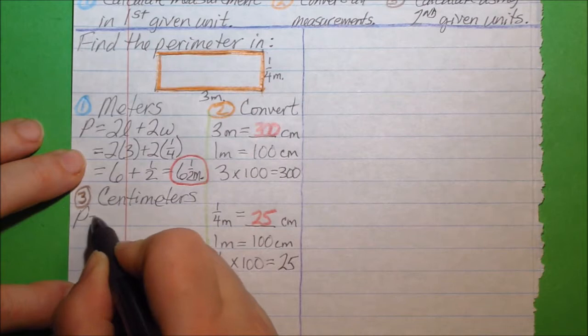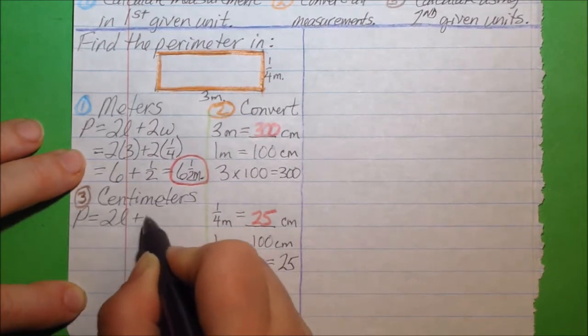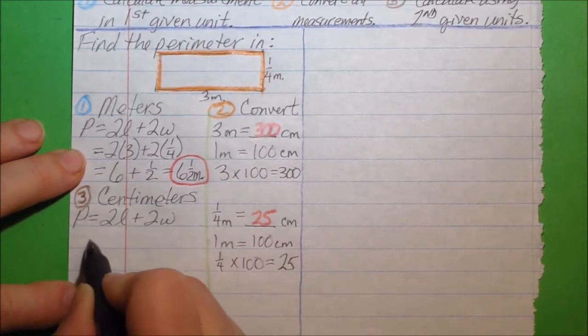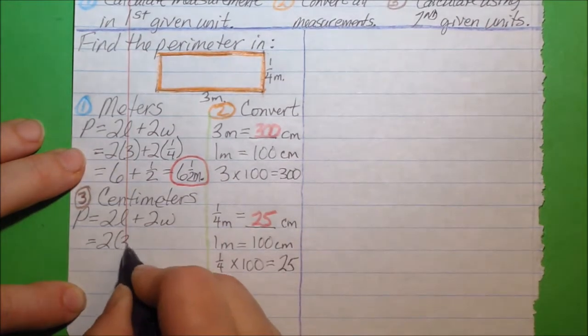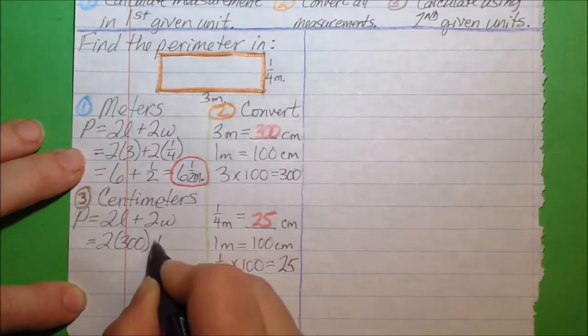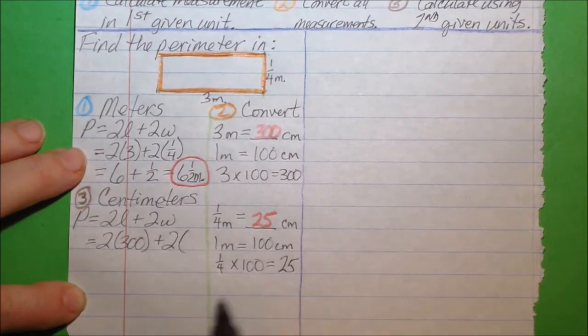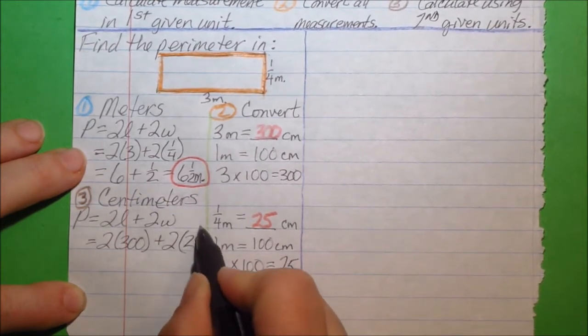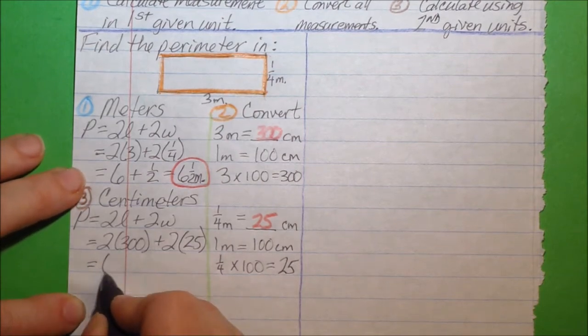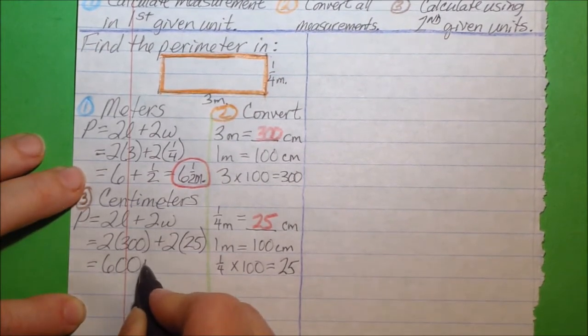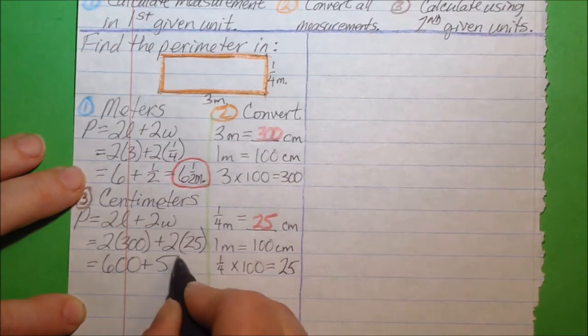So again, the first step is P equals 2L plus 2W. That's our formula. So the length is now 300, so 2 times 300 plus 2 times the width, which is now 25 because we're dealing in centimeters. Now, 2 times 300 is 600 plus 2 times 25 is 50.